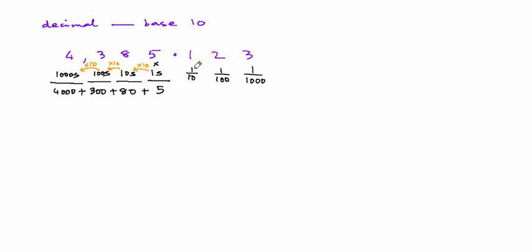So the same rules apply on the right as on the left. If you go to the left, you multiply by 10. If you go to the right, you divide by 10. So 1 divided by 10 is 1/10. And if you divide this by 10, you get 1/100. And if you divide 1/100 by 10, you get 1/1000.